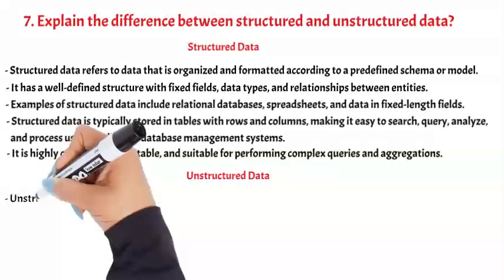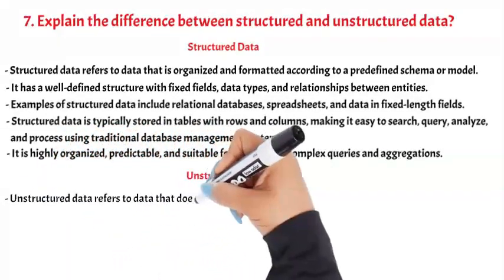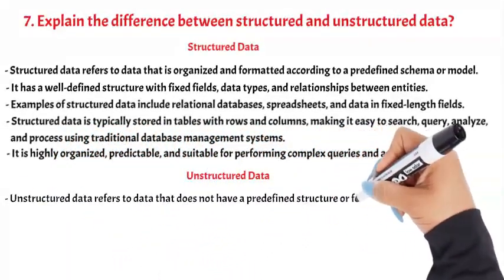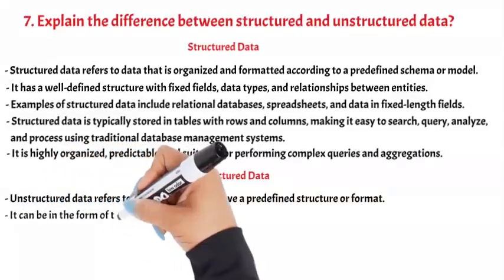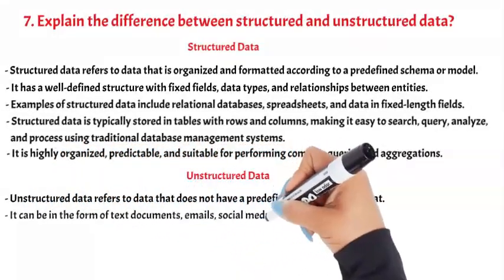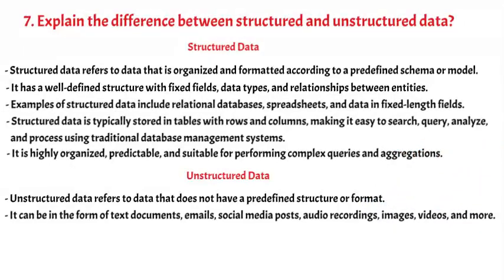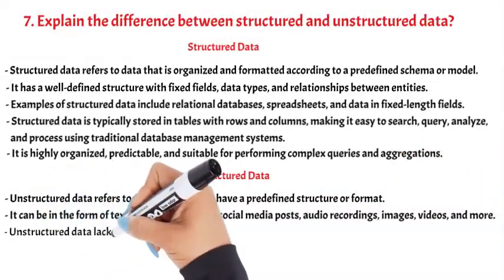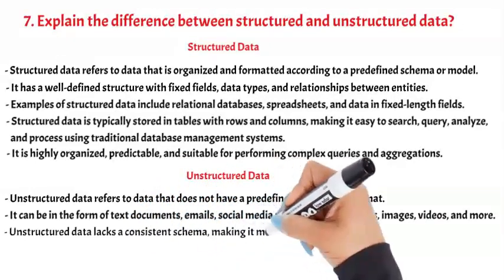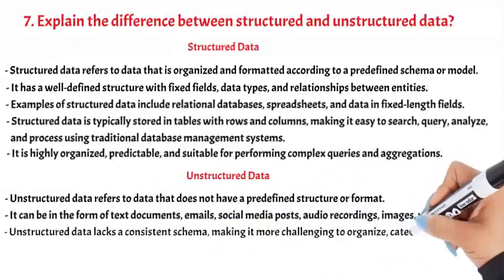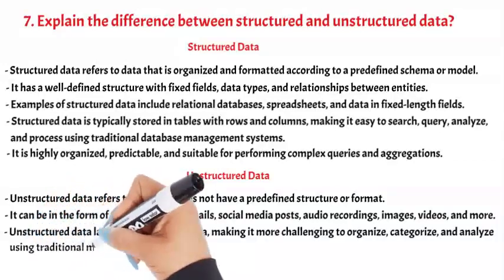Unstructured data. Unstructured data refers to data that does not have a predefined structure or format. It can be in the form of text documents, emails, social media posts, audio recordings, images, videos, and more. Unstructured data lacks a consistent schema, making it more challenging to organize, categorize, and analyze using traditional methods.